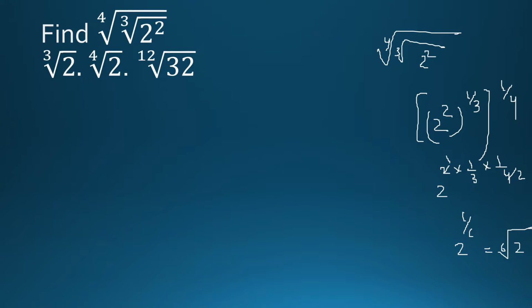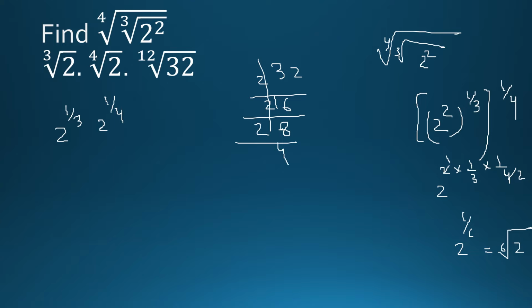Is it fine? Then second up, you can simply write it as 2 raised to power 1 by 3, 2 raised to power 1 by 4, and 32 if you take LCM, 2 ones are 2, 2 twos are 4, 2 fours are 8, 2 eights are 16, 2 sixteens are 32. So this is 2 raised to power 5 raised to power 1 by 12. Can I write 1 by 12 as this 12th root?